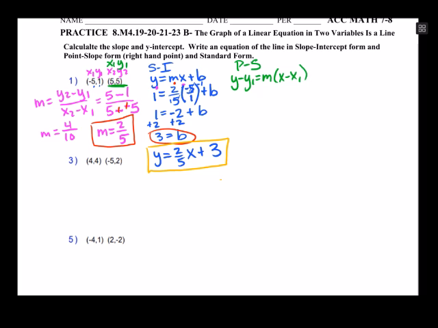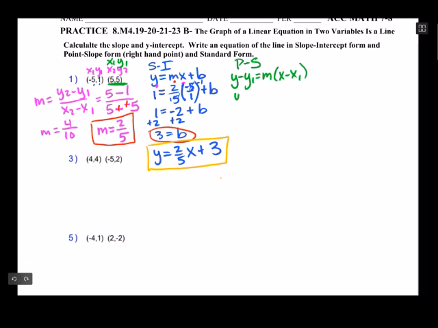So I am only going to substitute in y minus, my y1 value is 5, equals my slope, which is 2 over 5, times the quantity x minus my x1 value is 5, and we have a point-slope form. Point-slope form is really easy to write.